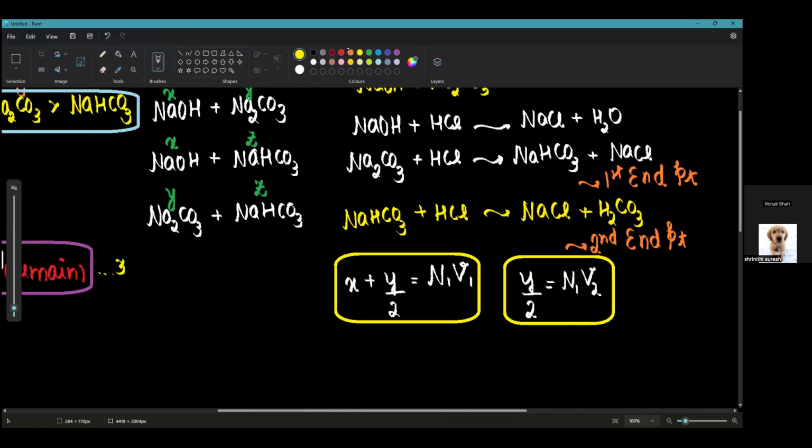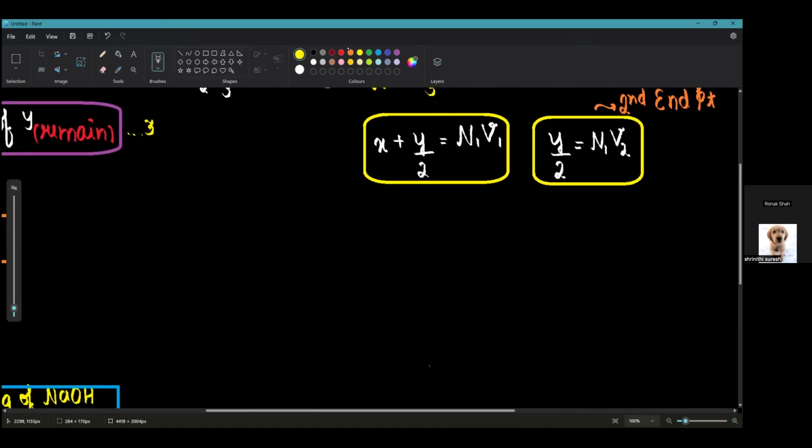Yes, sir. Okay. So now I'm making one table over here. We will say that here there are some mixtures. The first is NaOH and Na2CO3, which we did just now.